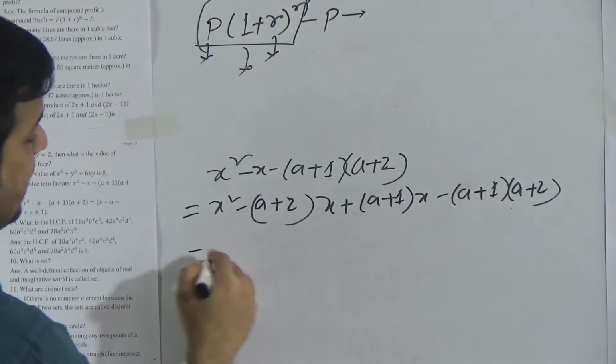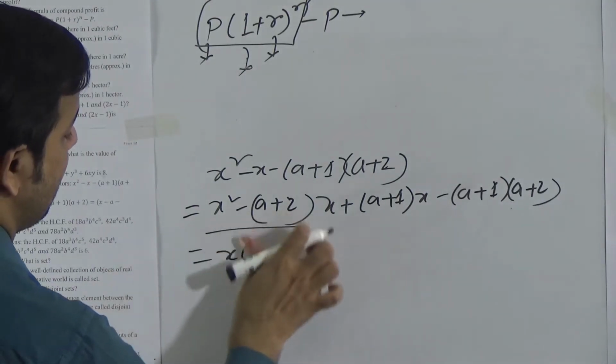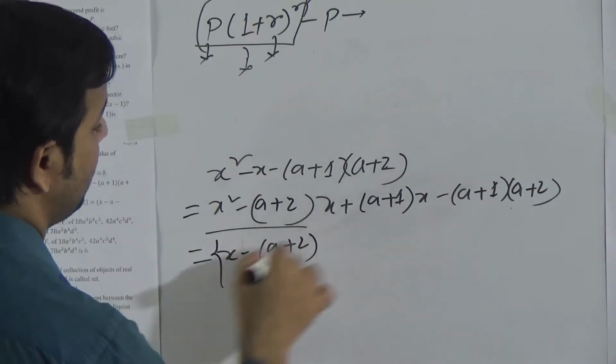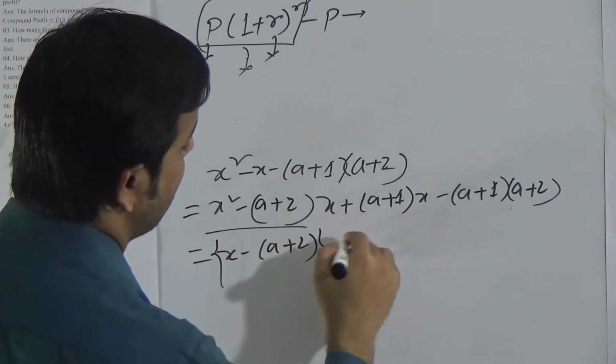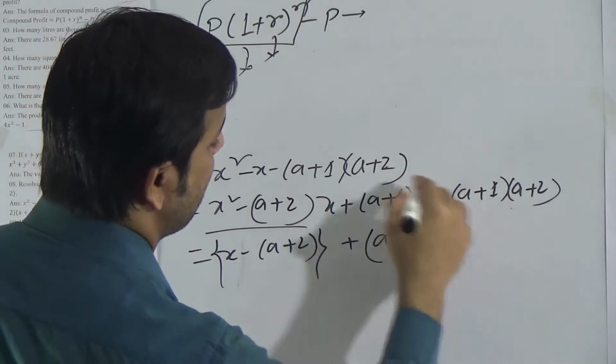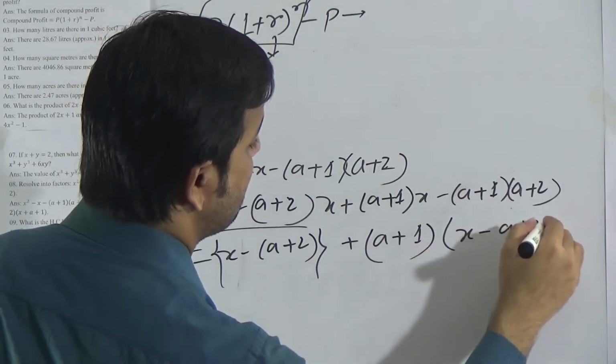Now we can write here, take x as common, so we will get x minus (a plus 2), and then take (a plus 1) as common, we will get x minus (a plus 2).